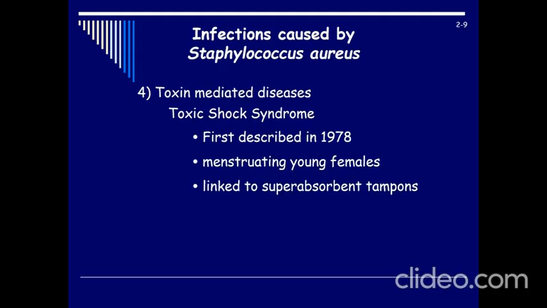So this condition was linked to the fibers in these superabsorbent tampons, and the Staphylococcus aureus were able to grow on the fibers and just kick out this toxin like crazy. So those that were using the superabsorbent tampons and leaving them in longer, so overnight, sleeping with them, it was able to grow Staphylococcus aureus a lot easier. The toxins were kicked out, and this is what was making them very sick or killing them.